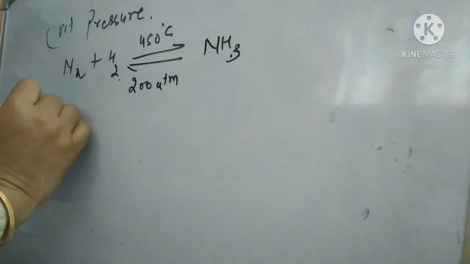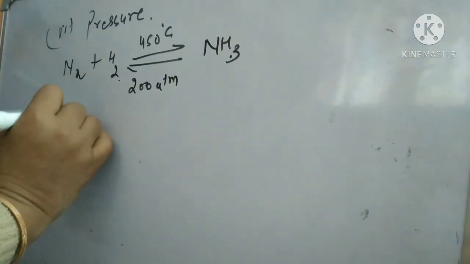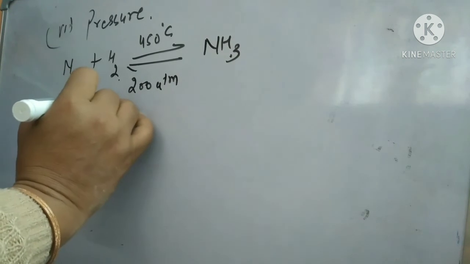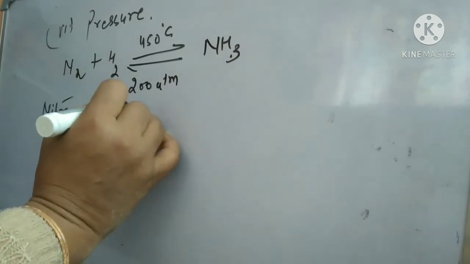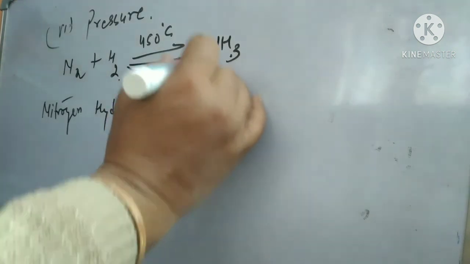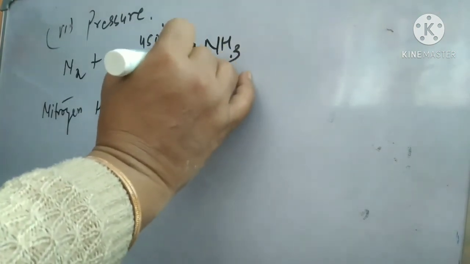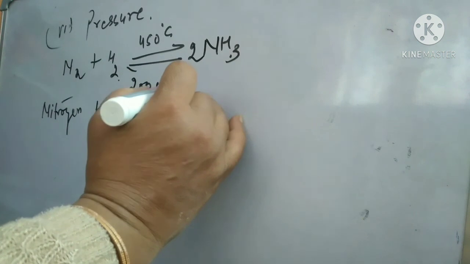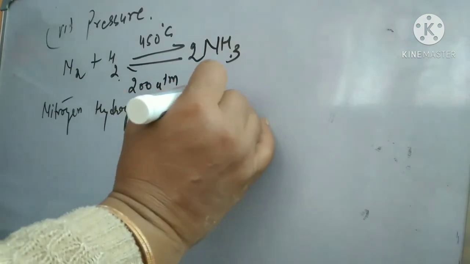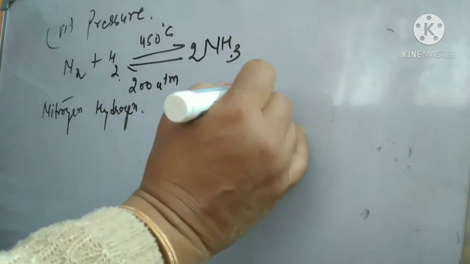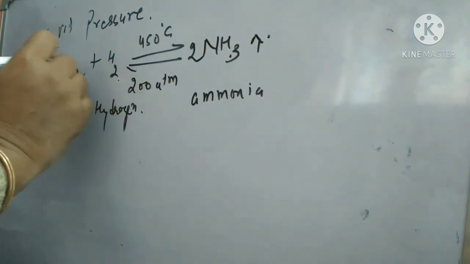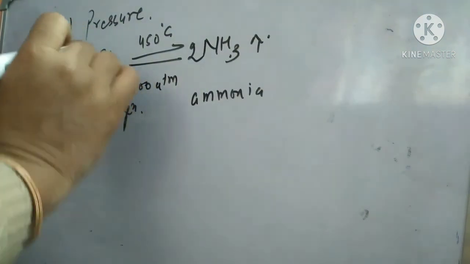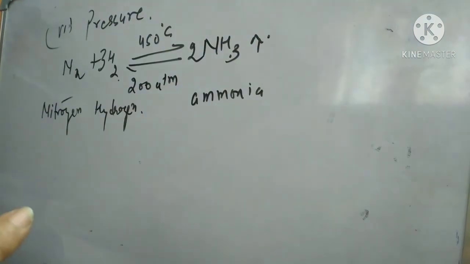This is your nitrogen plus hydrogen, giving two molecules of ammonia gas. Again, balancing the equation.